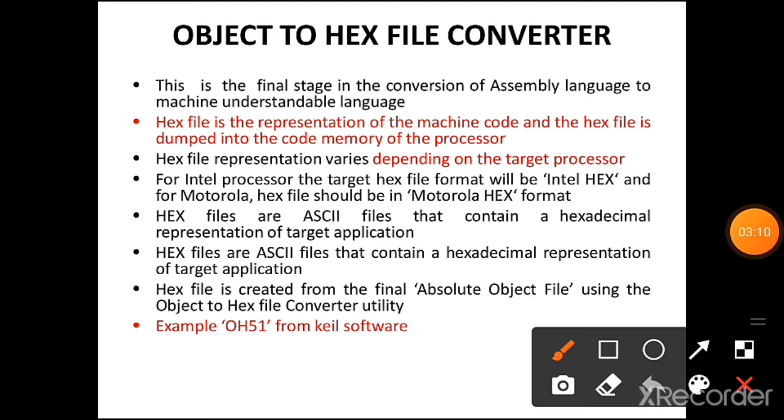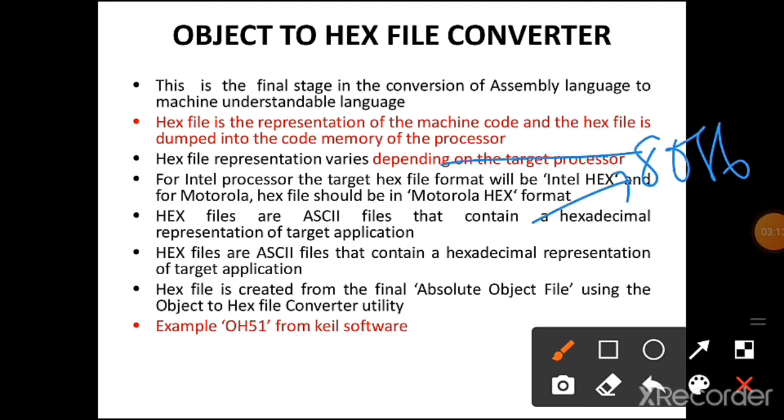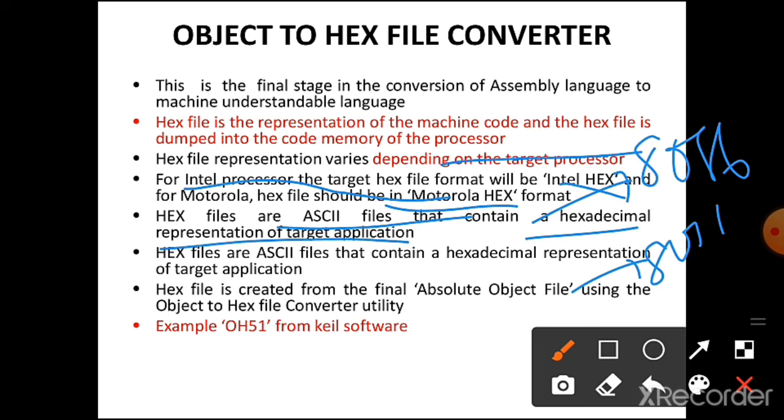If 8086 is used, it has a different hex file; if 8051, it has a different hex file. For an Intel processor, the target hex file format is Intel hex, but for Motorola it is the Motorola hex format. Hex files are ASCII files containing a hexadecimal representation of the target application.